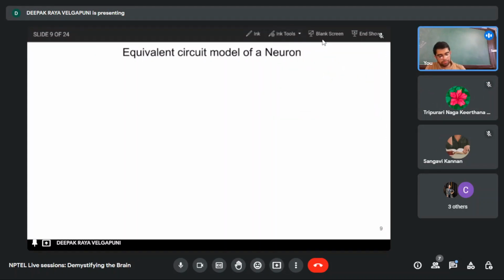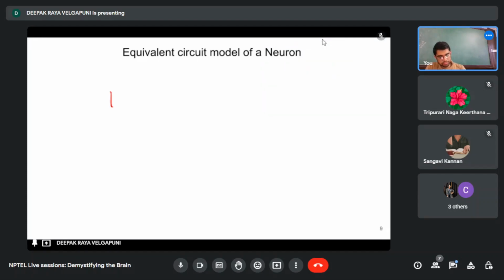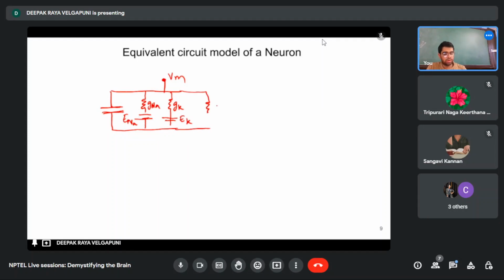Okay. So what I'm saying is, you have an equivalent circuit, and at the resting state there is no current passing across the capacitor. So we are only considering the current passing through ion channels, and let's say this is Vm, and you have ENa, that is the equilibrium potential for sodium channels, and GNa, and similarly you have GK and EK, and also for chlorine, GCl and ECl.